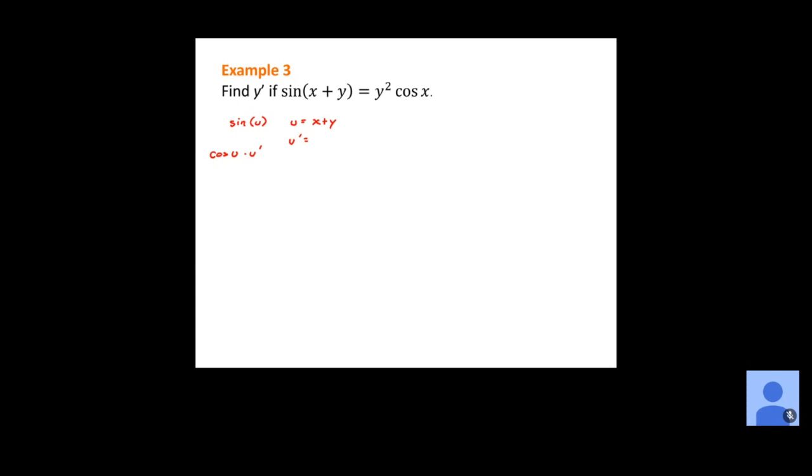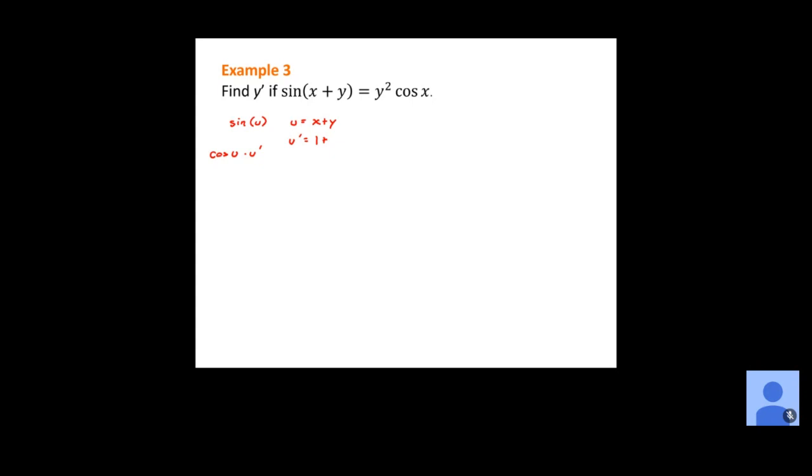Remember, you can go term by term. What's the derivative of x? We're going to get 1 for the derivative of x. What's the derivative of y going to be, though? Because it's not just going to be 1.